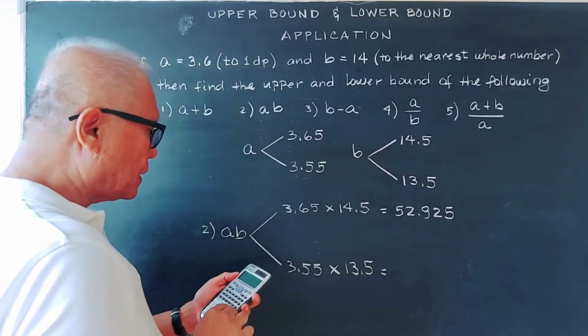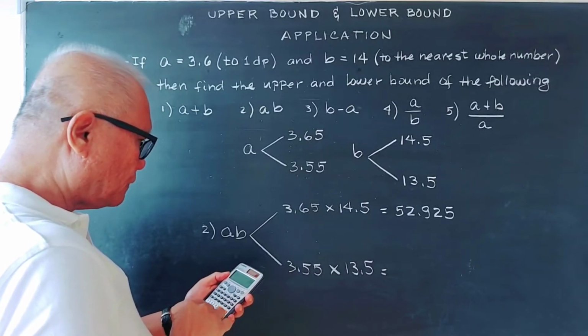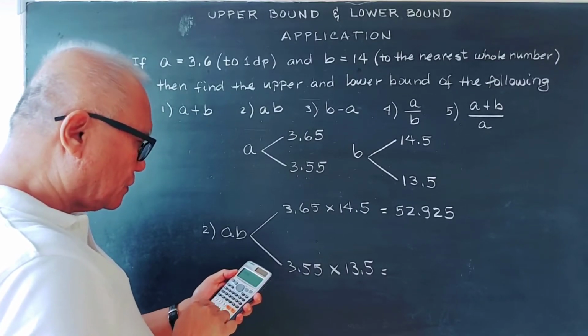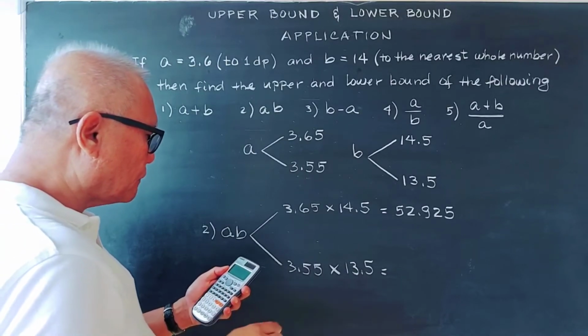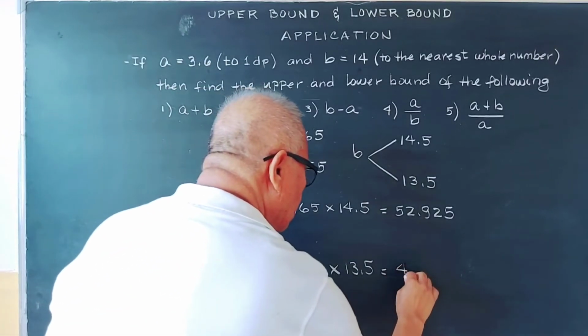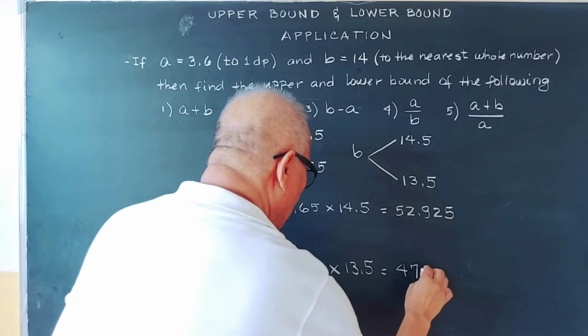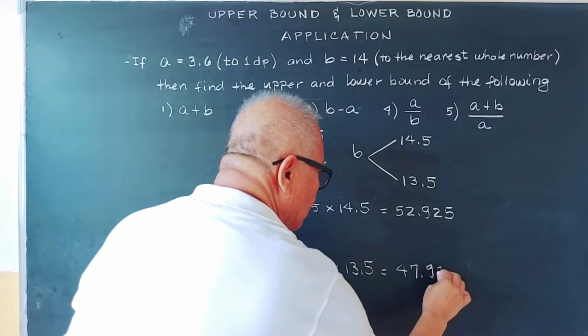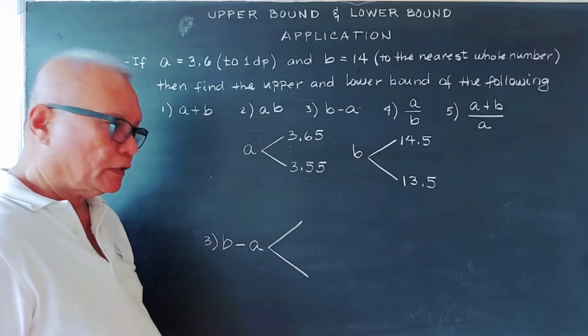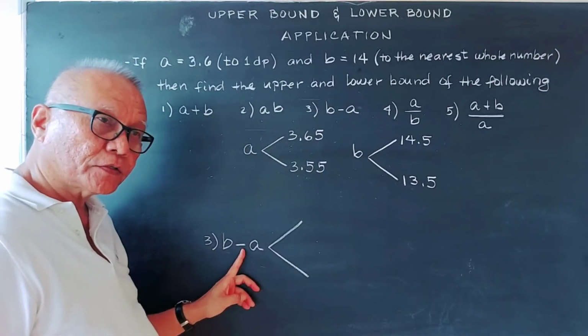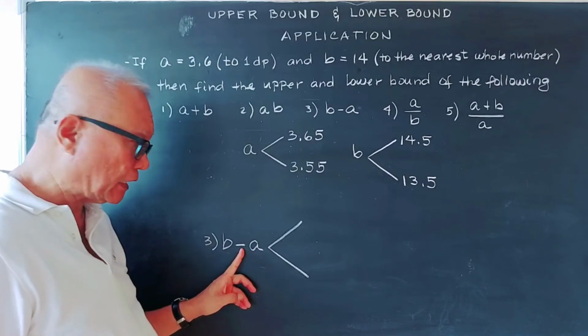And for the lower bound, 3.55 times 13.5 is 47.925 here.